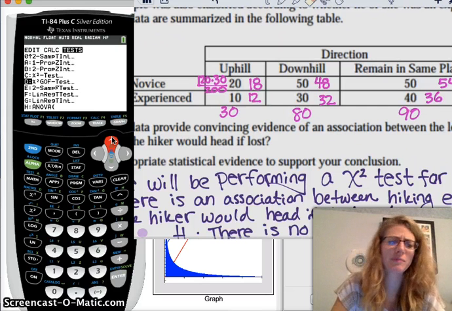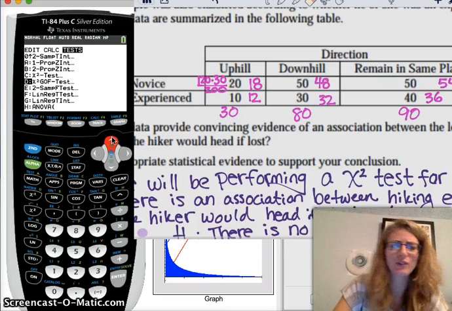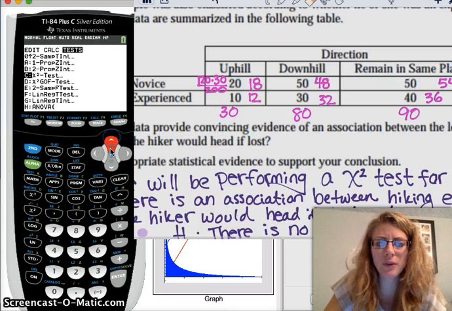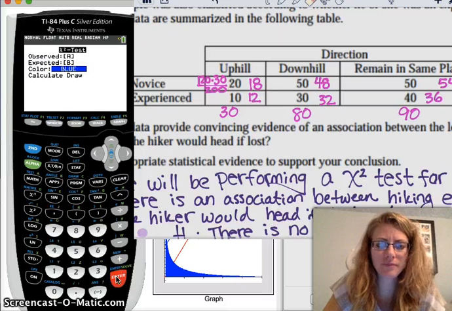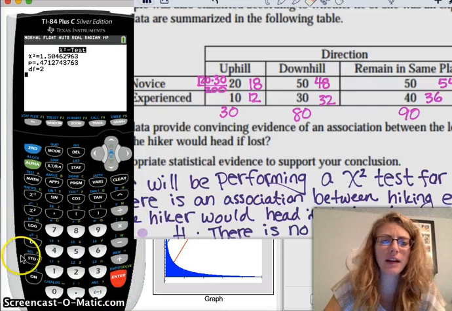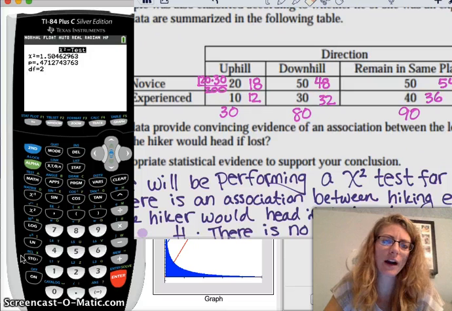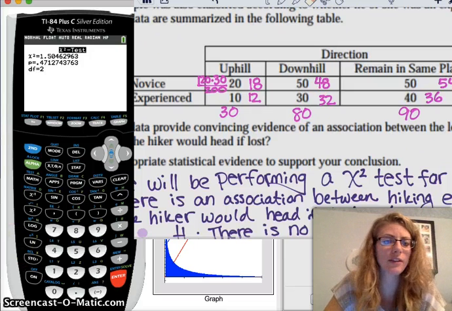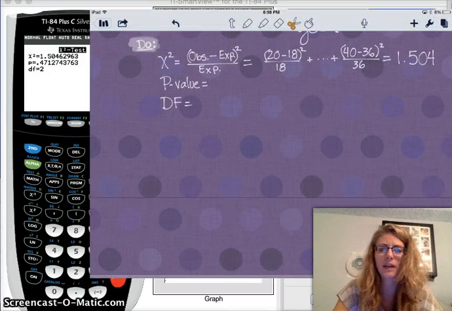Not a 1 by 1, but you know, only one row. So we go to the chi-squared test, and we have our observed in A, our expected in B, and then we want to calculate. And I have my chi-squared value, which is 1.5, my p-value is 0.47, and my degrees of freedom is 2. Alright, so I just entered my chi-squared value, which is 1.504.